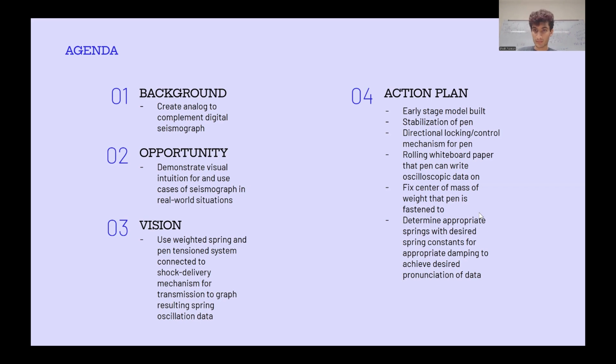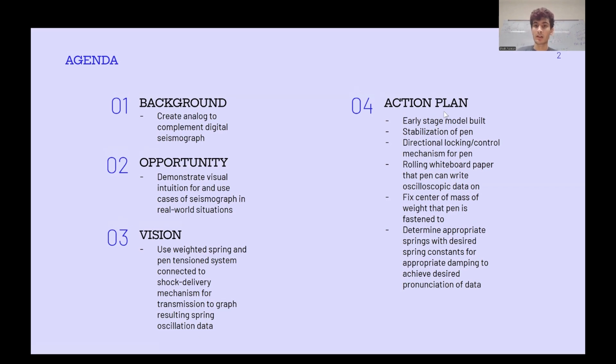So in the future, we want to stabilize the actual weighted mass that is held on the spring so that it can oscillate on a paper surface and write out its waveform of whatever vibration was imparted into it by the shock transmission mechanism.